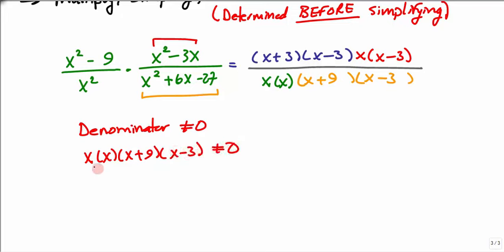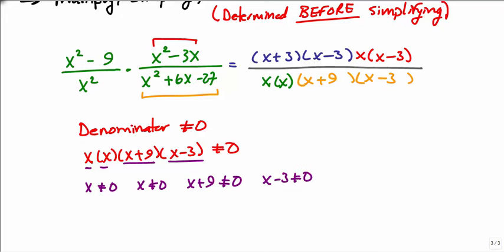So what we're going to do then is set each of these factors equal to 0. So I get x cannot equal 0 from here, x cannot equal 0 from here, so it's the same restriction, but we're just going to make sure we mention them all. Then we have x plus 9 cannot equal 0, and x minus 3 cannot equal 0.